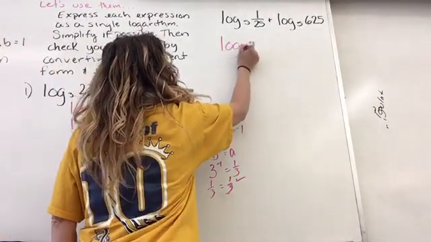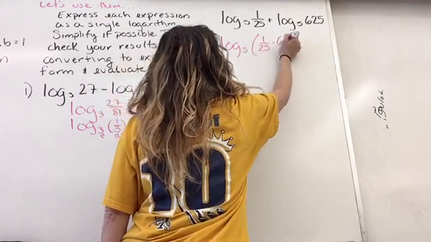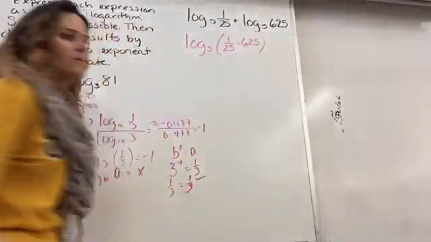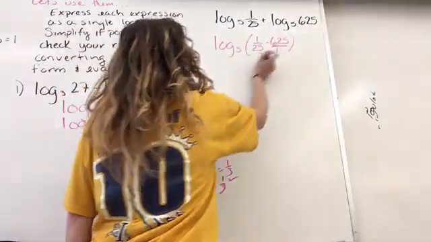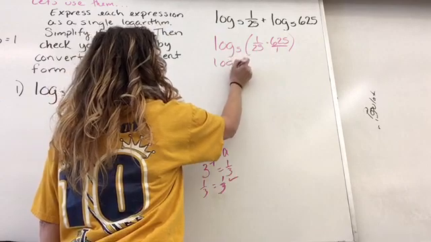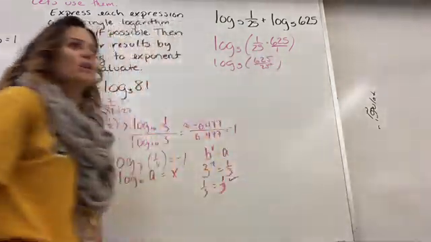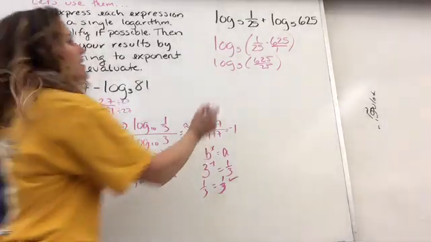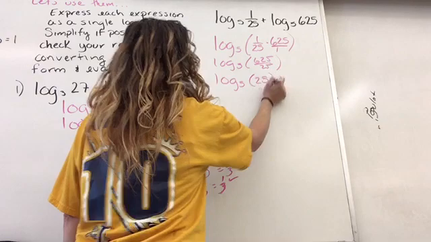So the log and the base stays the same, but that's 1 over 25 times 625. So we do need to simplify it. That gives me the log base 5 of 625 over 25. Reducing that down, I get the log base 5 of 25.